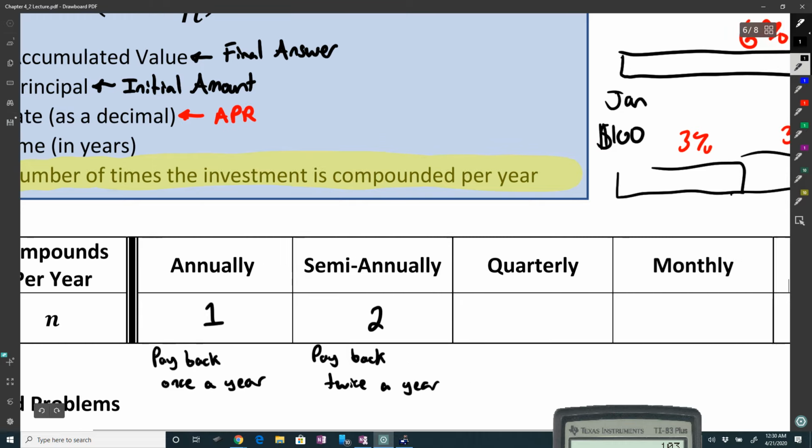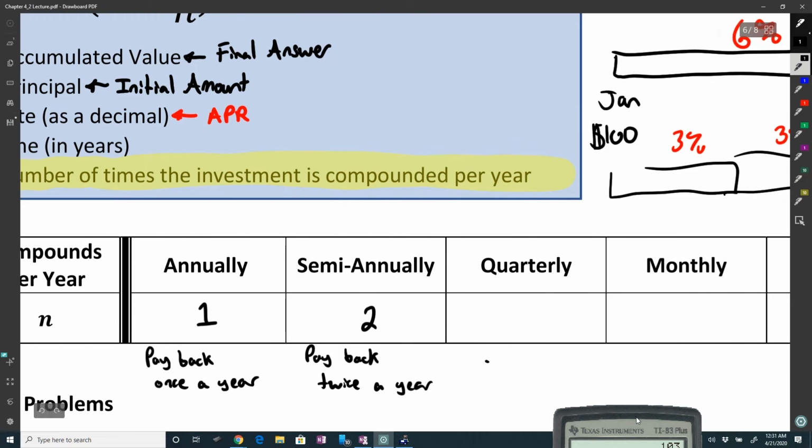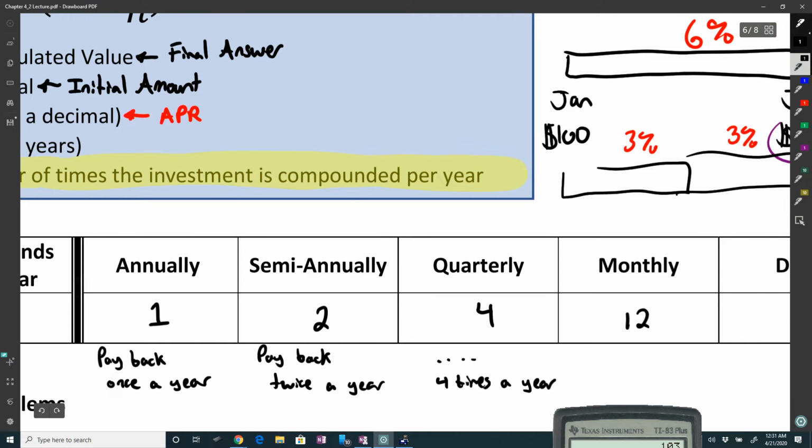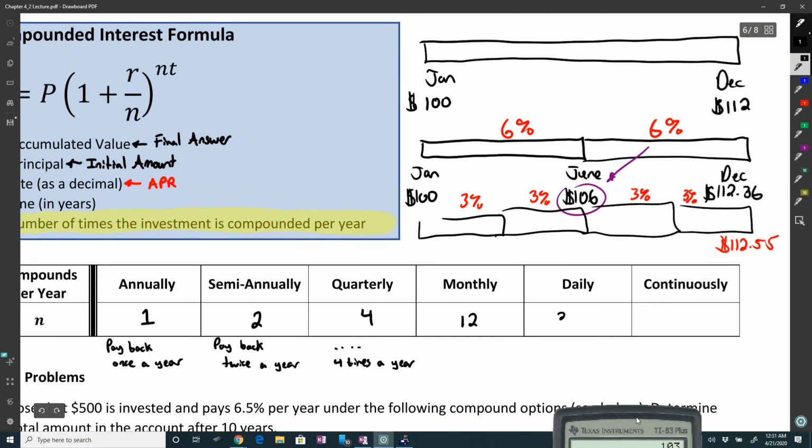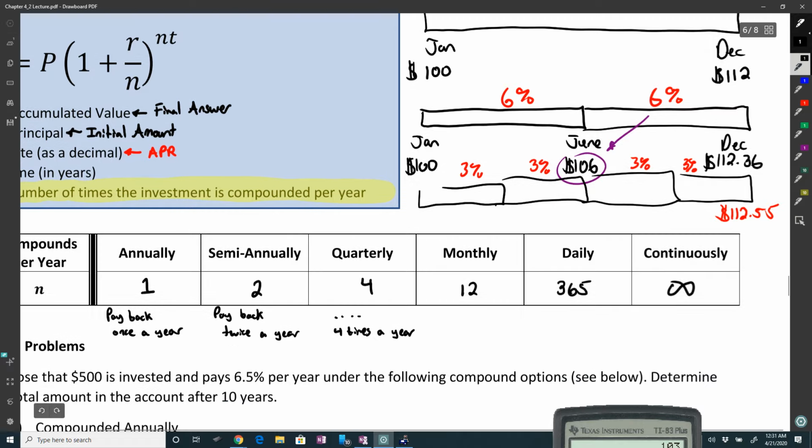That's 2. Quarterly, 4 times a year. So that's 4. Monthly, 12. Daily, 365. Unless they tell you something else. Sometimes they'll say use 360. If they tell you to use a number, use it. But usually if they don't say anything, daily is 365. And then continuously is infinity. And we'll go into that later.